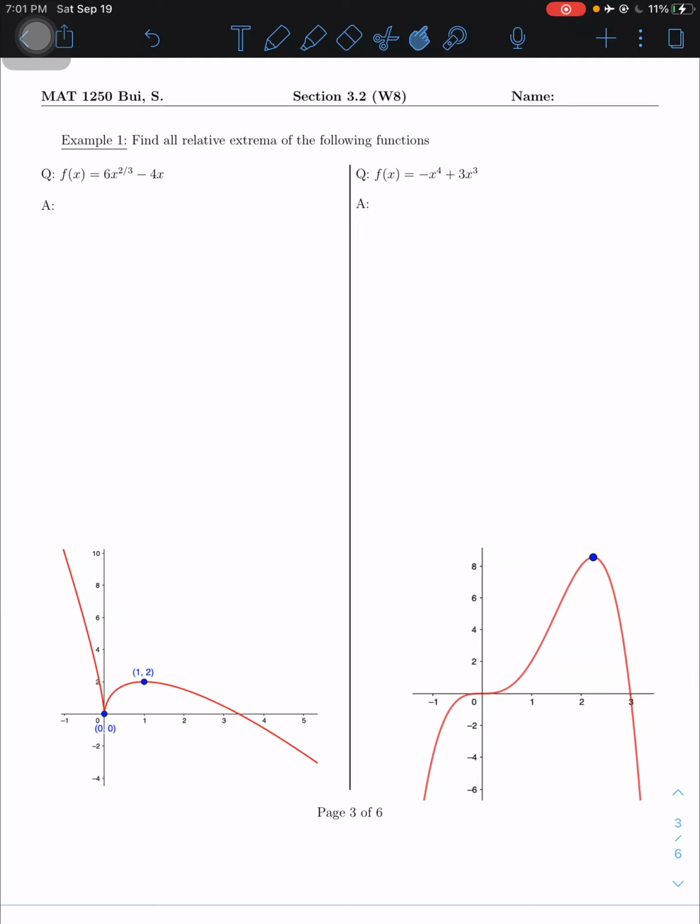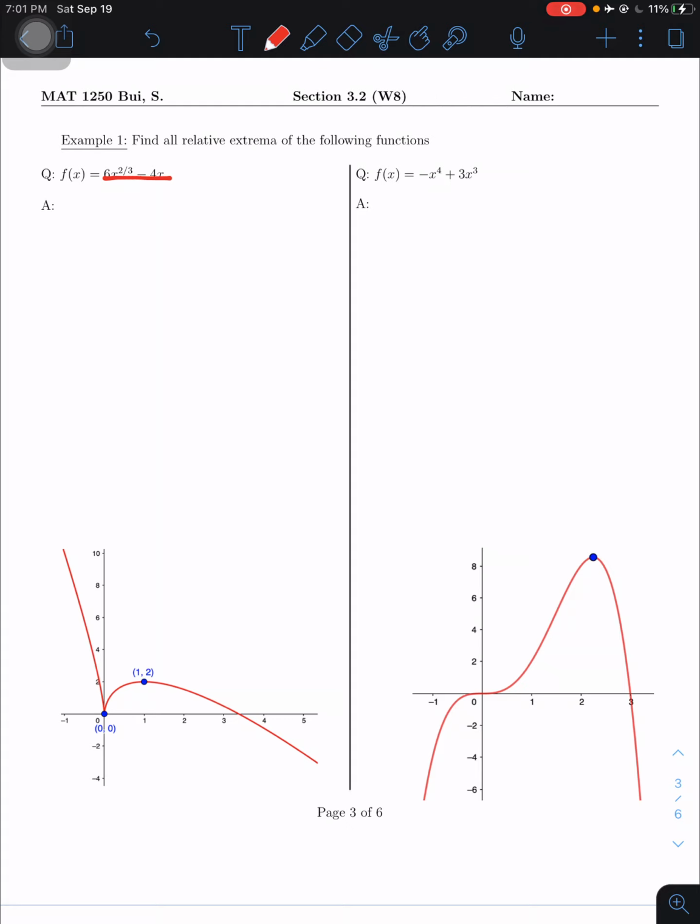First of all, let me find the domain of f, and as you notice, this function is actually a polynomial, which means it's defined everywhere. No matter what value of x you plug in here, it always makes sense. We're not going to have something divided by 0. If x is negative, it's going to give you a number.